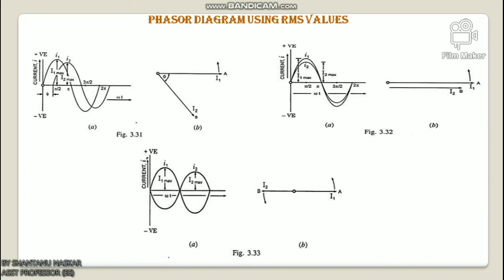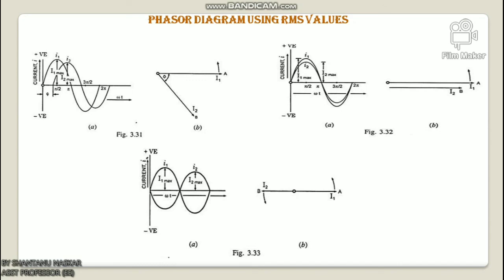Okay, what is a phasor and what is a phasor diagram is now clear. Phasor diagrams can be drawn to represent either maximum or effective value of voltage and current, but since effective value is of much more importance, phasor diagrams are mostly drawn to represent effective values.